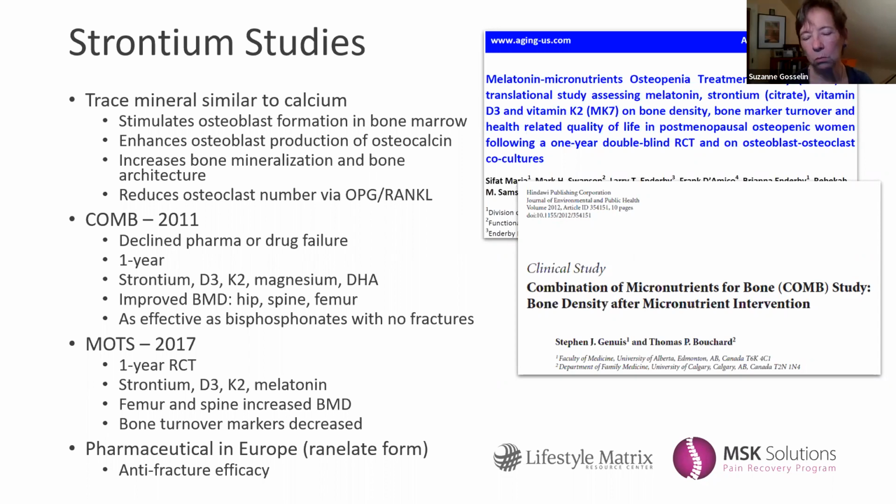The better supplement companies will make a morning package and an evening package, and the morning package will have the strontium in it, and the evening package will have the calcium in it. You're not going to get the benefits of strontium if you take one pill that has both calcium and strontium in it at the same time, okay?